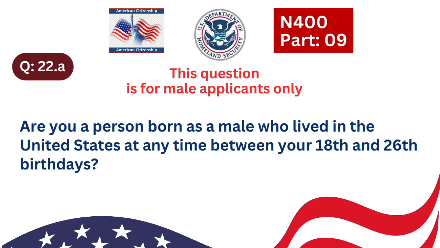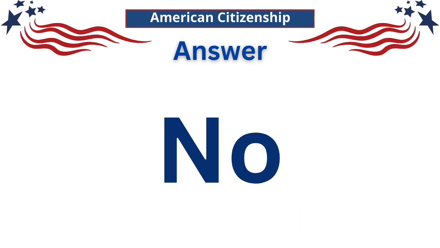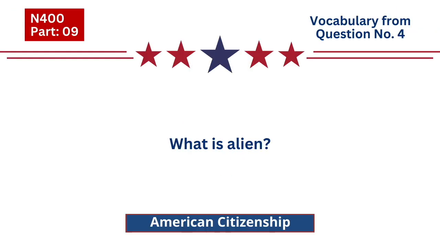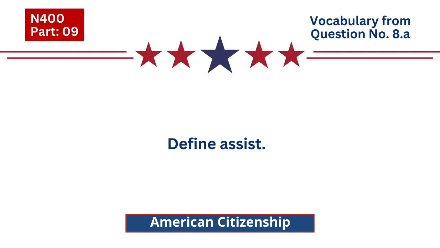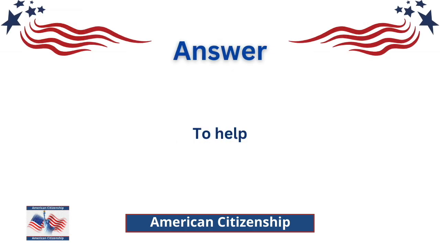Are you a person born as a male who lived in the United States at any time between your 18th and 26th birthdays? No. What is alien? Someone who is not a US citizen. Define. Assist. To help.